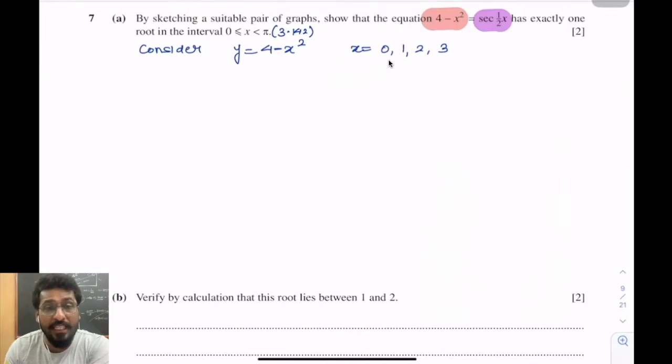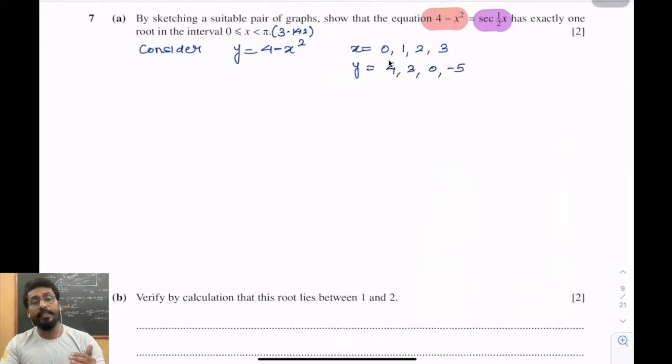I plug the value of x as 0, so I get y equal to 4. When x is 1, I get 4 minus 1, that's 3. Then 2 square, that's 0. Then 4 minus 3 square, that's 4 minus 9, that's negative 5. So I've got the values as 4, 3, 0, and negative 5.